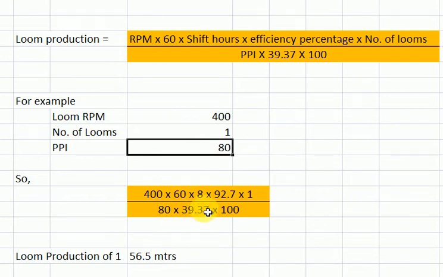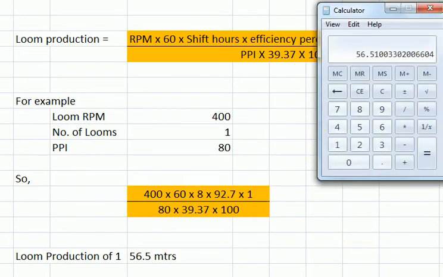Now just calculate all these things. Just see, 400 multiplied by 60 multiplied by 8 multiplied by 92.7 multiplied by 1, divided by 80, divided by 39.37, divided by 100.